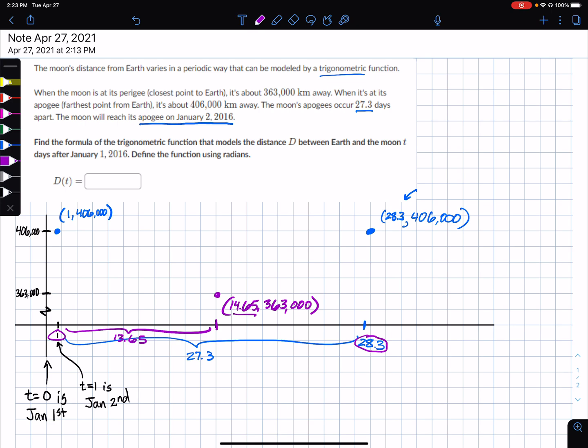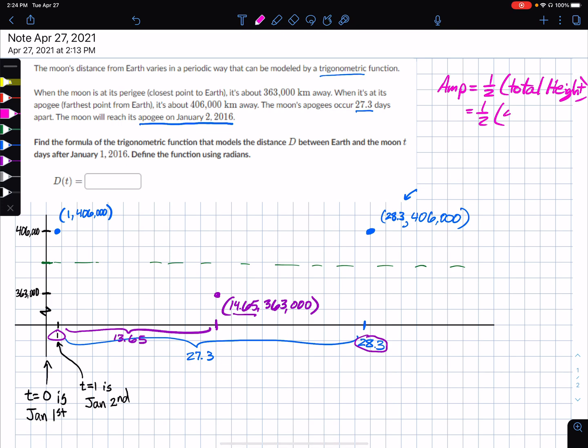Okie dokie. So there's some things we could do here. We could find the midline. Okay, that's the middle of the wave curve that we're looking for here. And we could do that by taking, well, first it's actually going to be easier to find the amplitude. So I'm going to calculate amplitude as 1/2 the total height. So the total height is just the difference in apogee and perigee.